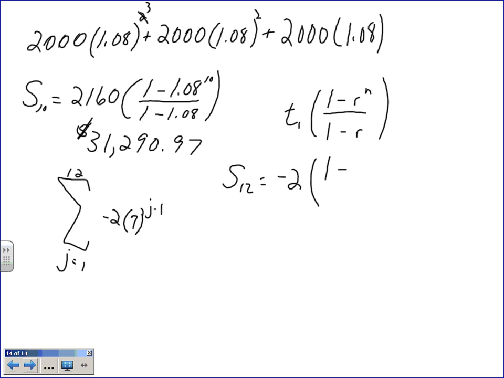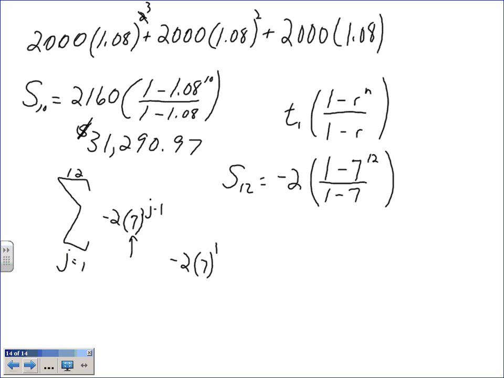So the second term, I'm going to put in 2 for j. So -2 times 7 to the 2 minus 1. So -2 times 7 is -14. And what is my ratio? 7. You're going to find that this is going to be your ratio. It's your multiplier. So 1 minus 7 to the 12th power divided by 1 minus 7.